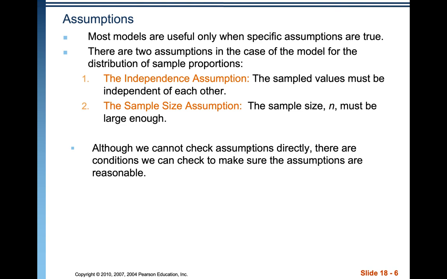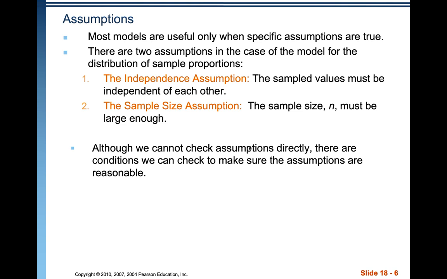Okay, so anytime we use a model, we have to make a couple of assumptions. And there are 2 we have to use here: the independence assumption and, like I just said, the sample size assumption. The independence assumption says that the sampled values must be independent of each other. That way, the likelihood of getting the results is not affected by the previous results attained.